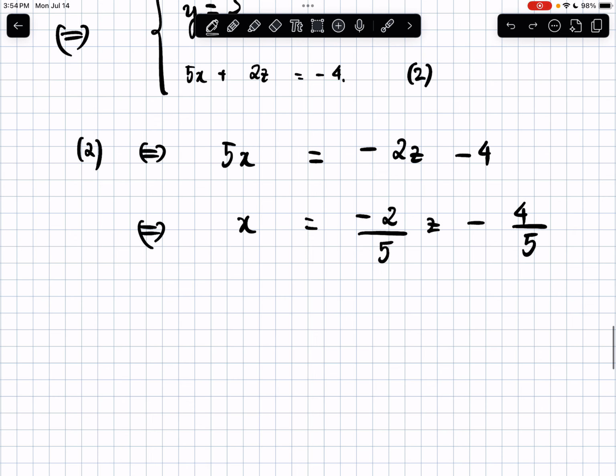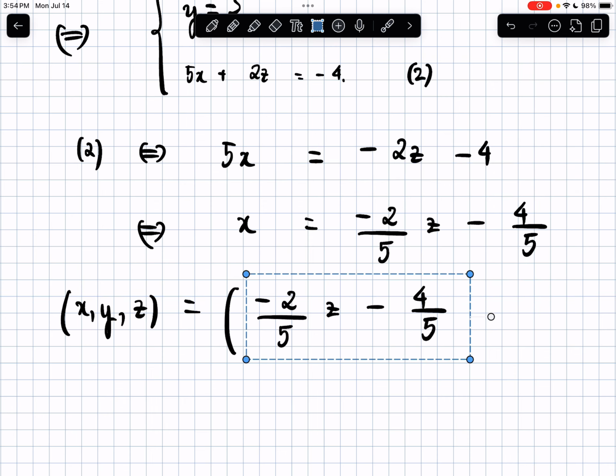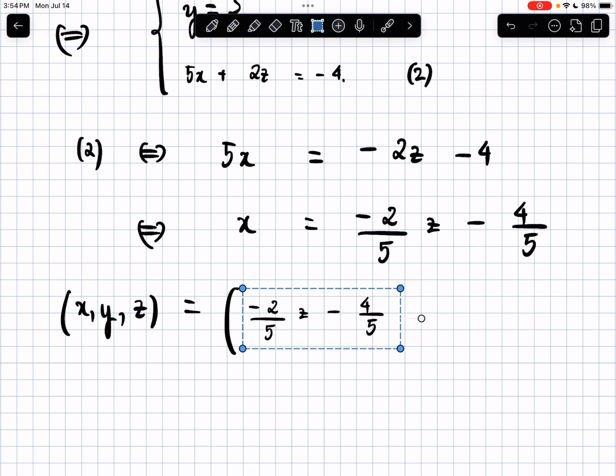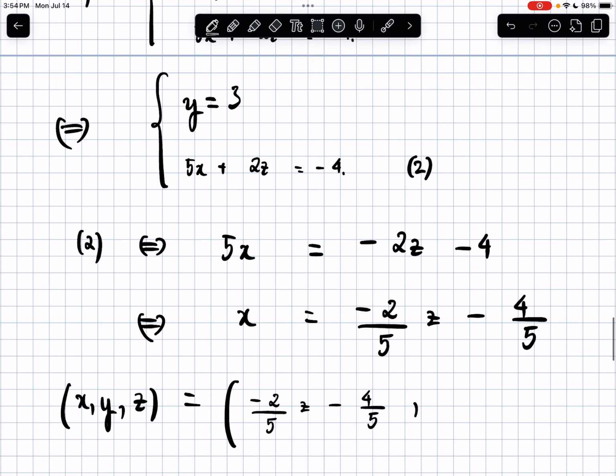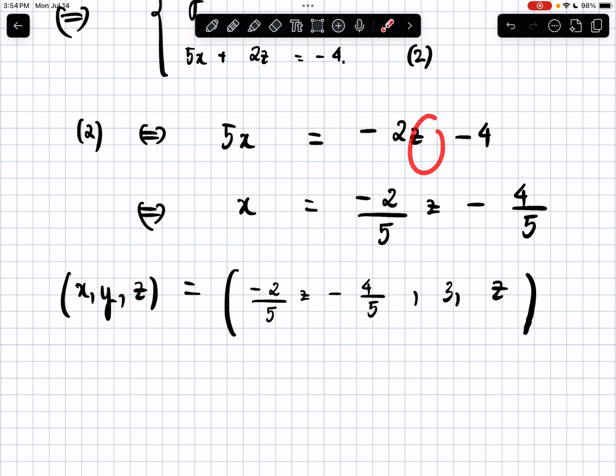So the point x, y, z on the intersection has the form x equal to minus 2 by 5 z minus 4 by 5, y equal to 3, and z just a parameter.